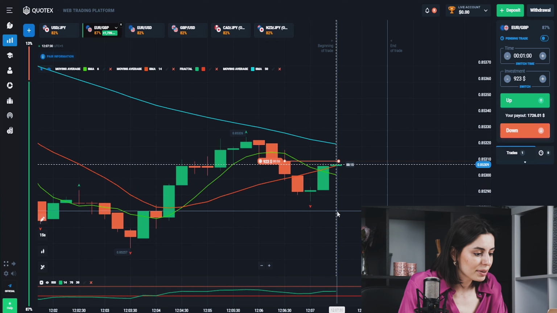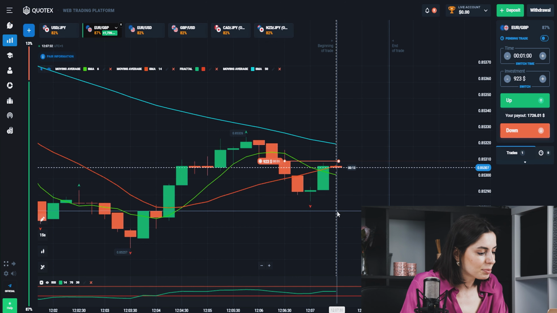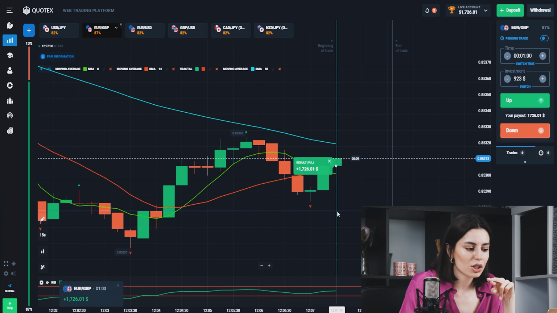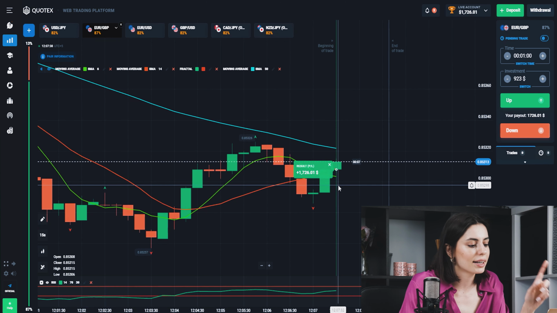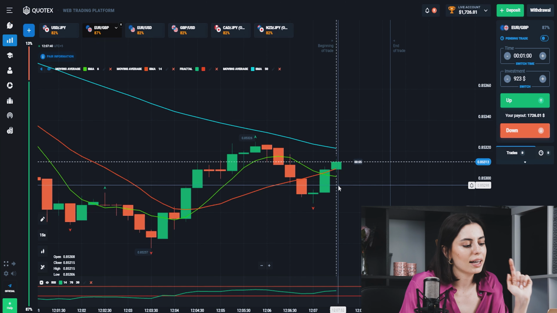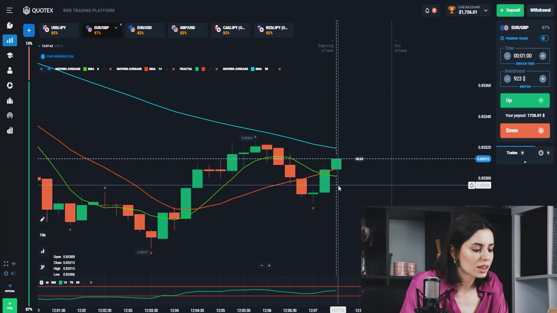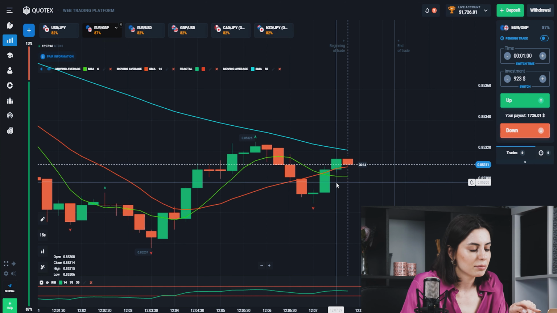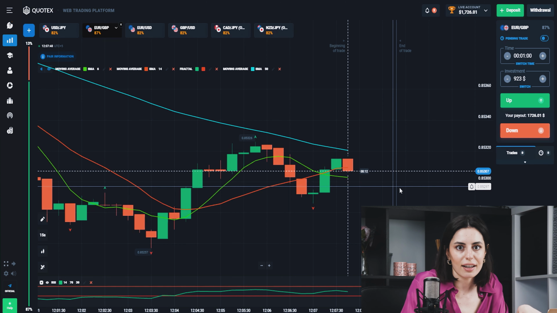And remember about these moving averages crossing. If the orange line and the green line cross each other, it means a change of the trend, and we were right in time to get our profit before we saw these green candles.